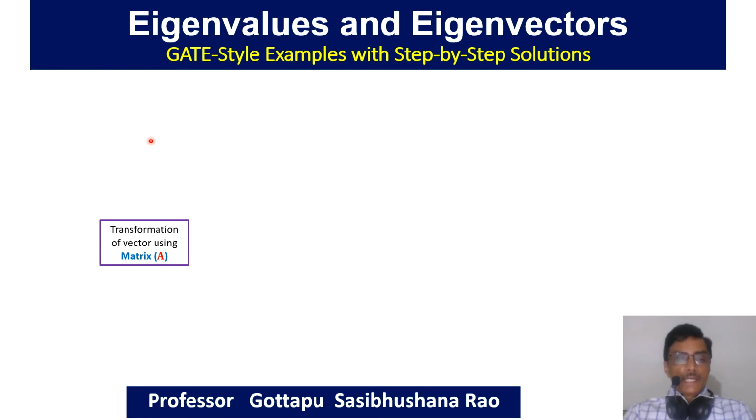Matrix A, a transformation matrix, is shown here, and x is the input vector. Transformation matrix A transforms the input vector x into a new vector called the transformed vector Ax.